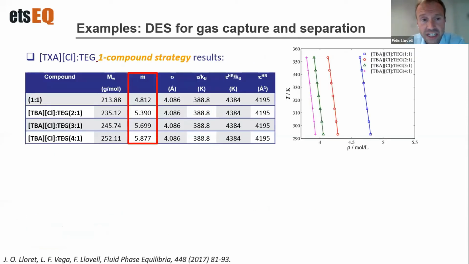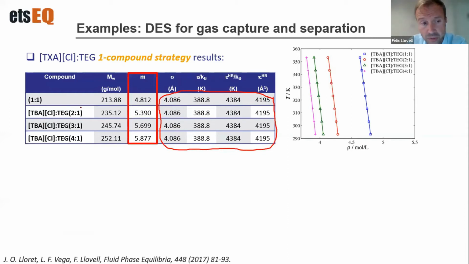Here we have the results for the 1-compound strategy. Here we can see, as mentioned, that all these 4 parameters are kept constant for simplicity, and M is changing with the amount of ammonium salt added in the system, the amount of moles.